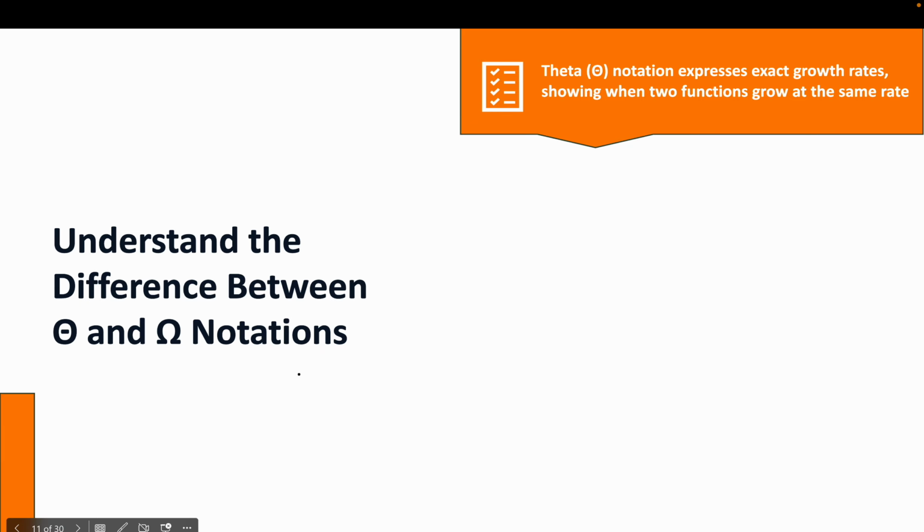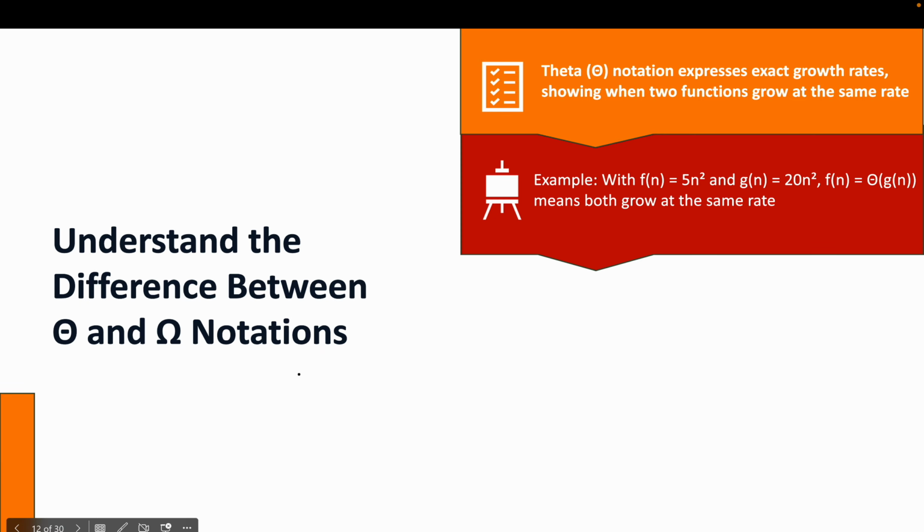For example, we have two functions: f(n) is 5 times n squared, and g(n) is 20 times n squared. f(n) and g(n) have the same growth rate.